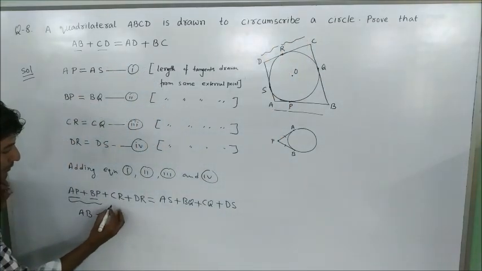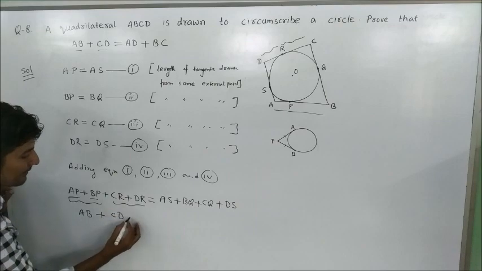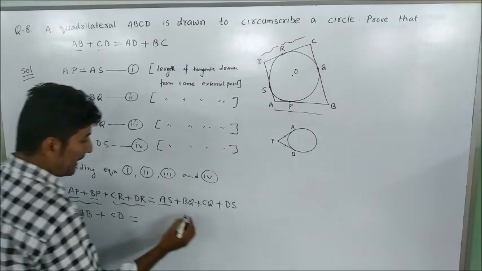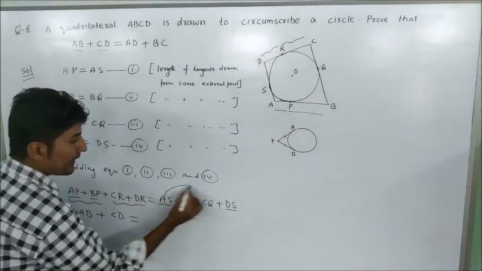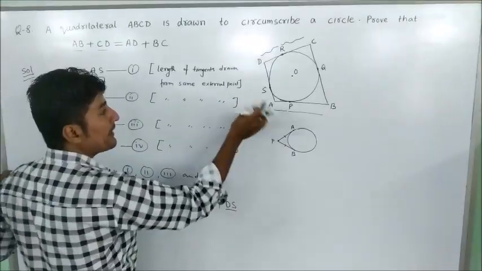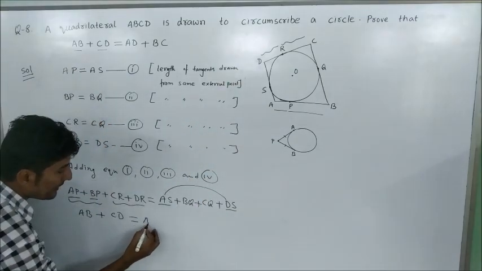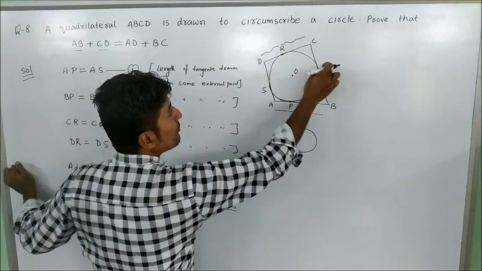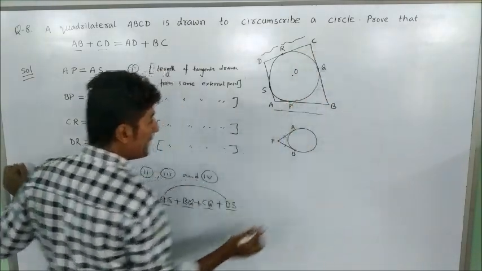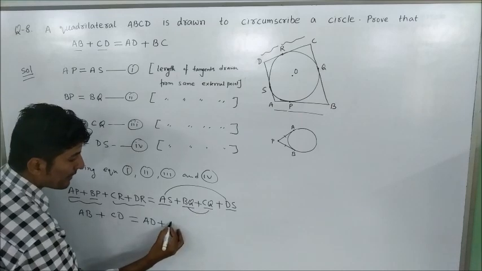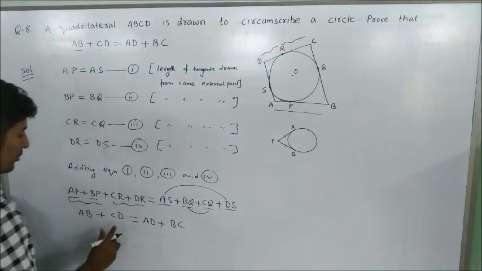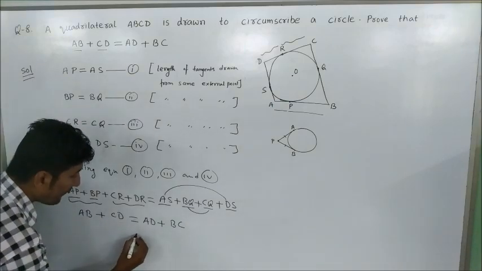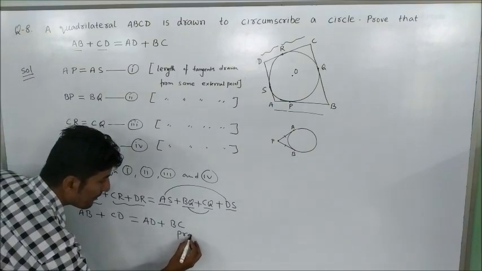Plus, AS and DS, the sum of AS and DS will be equal to AD. Then BQ plus CQ can be written as BC. So LHS and RHS both the parts are equal. So it is verified, or we can say proved.